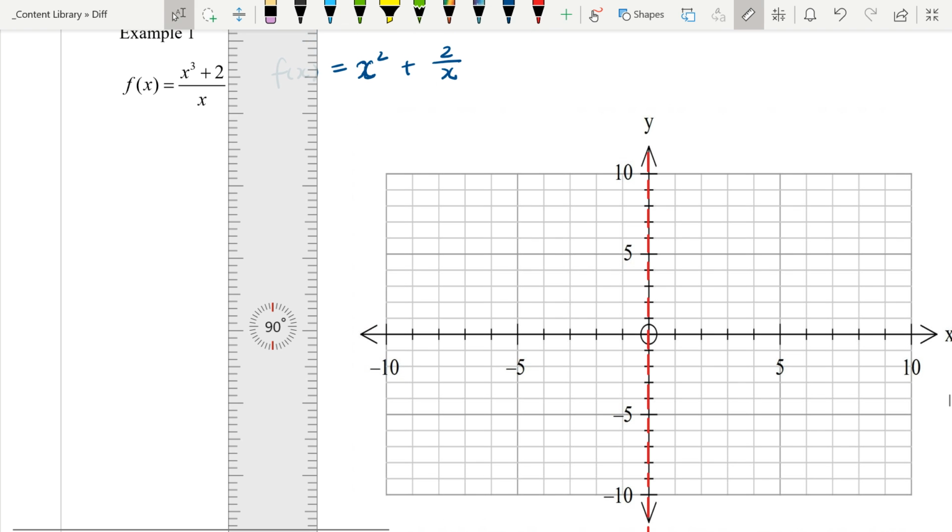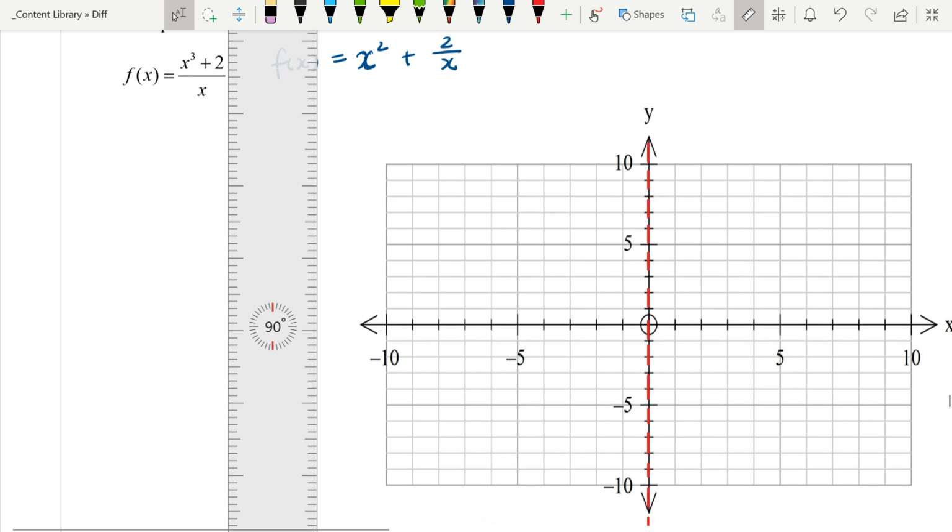It's okay. Technology. Okay, what's the other asymptote? y equals x squared, because 2 over x won't become 0. So x squared. I'll have 0, 0 here. Label it accurately.